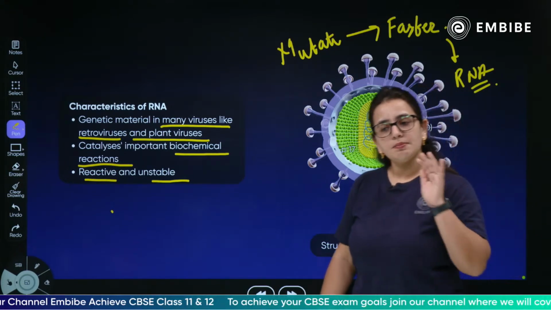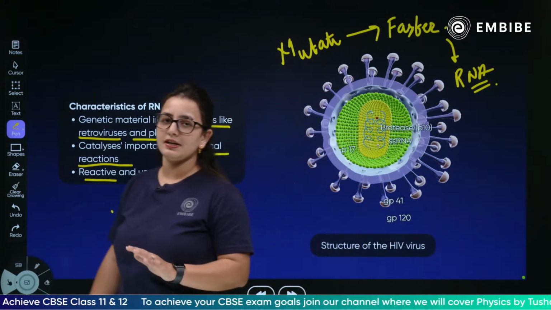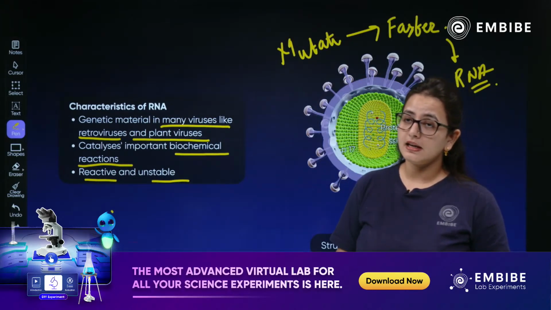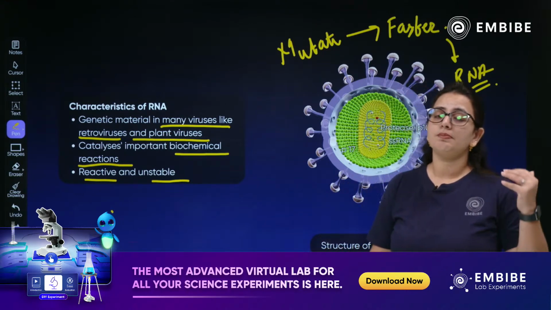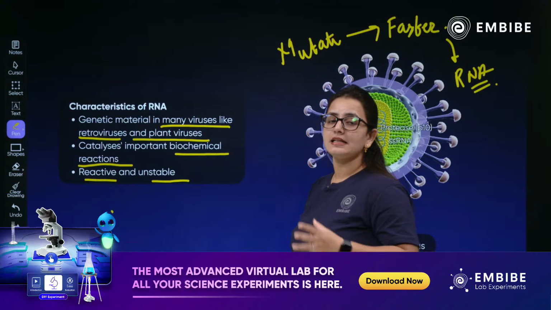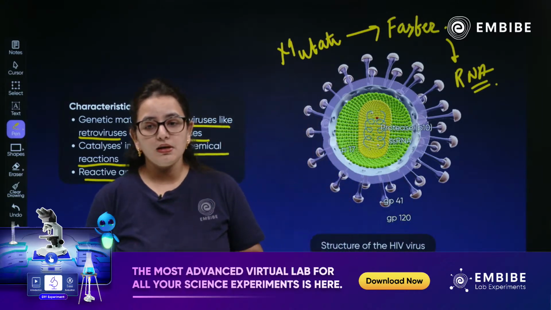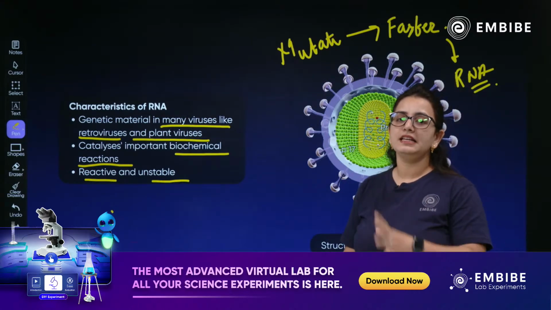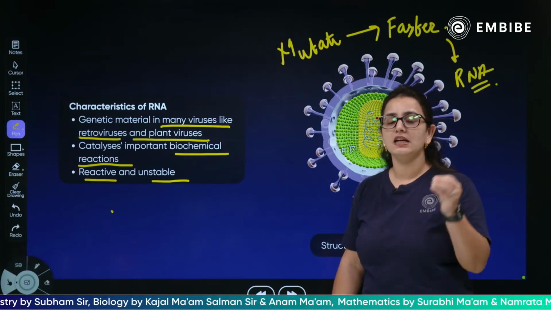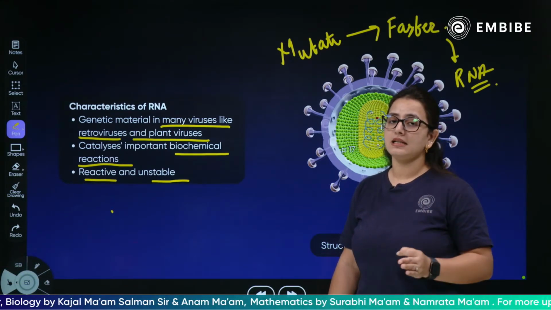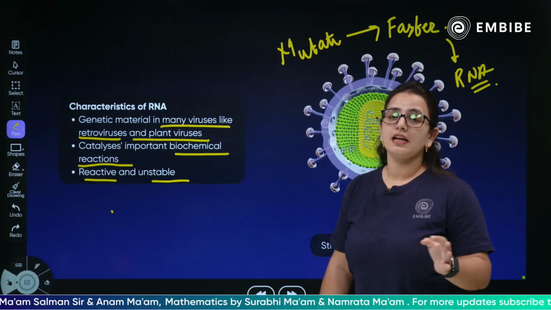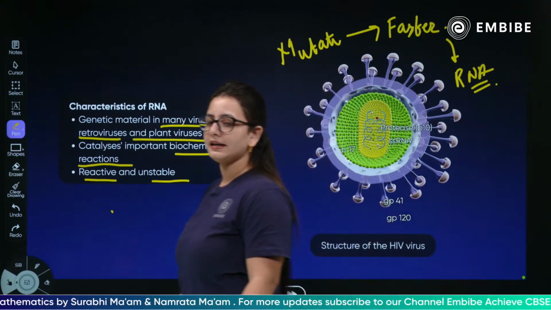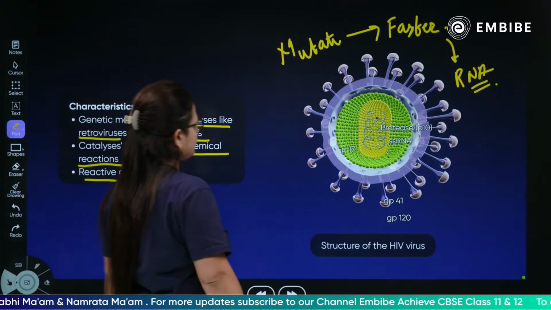There might be certain viruses, such as plant viruses, having RNA as a genetic material, but we always know that DNA is less reactive and more stable, and that is the reason the scientists confirmed through their various experiments that DNA was the genetic material, because RNA was unstable and very reactive, and in turn DNA was very stable and less reactive. So these are the characteristics of RNA. I hope that is clear to you.